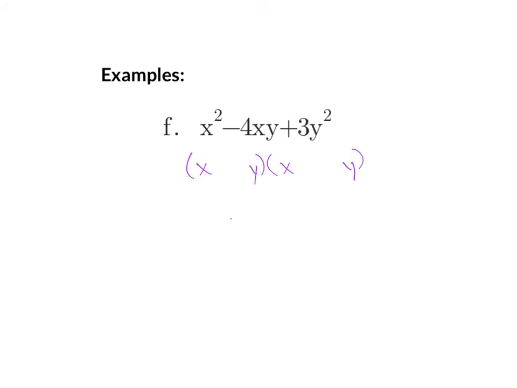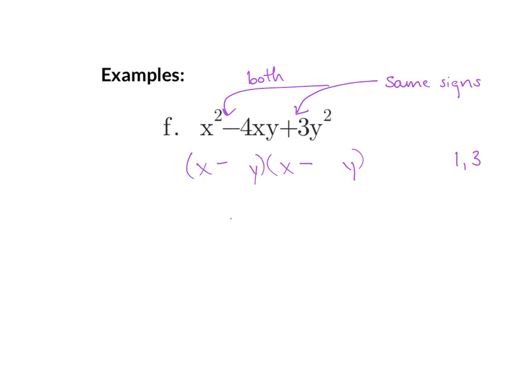So now let's just look at the numbers. We have multiplying to a positive 3. If you are multiplying to a positive 3, you have same signs, and both are negative. The only thing that multiplies to 3 is 1 and 3, and does that combine to give us 4?